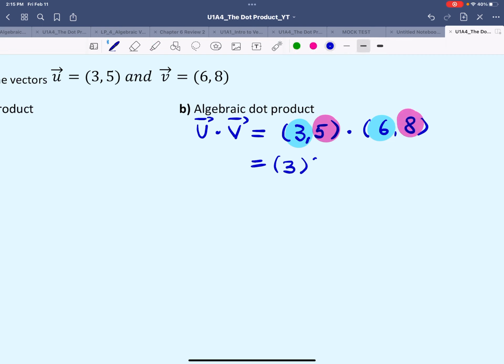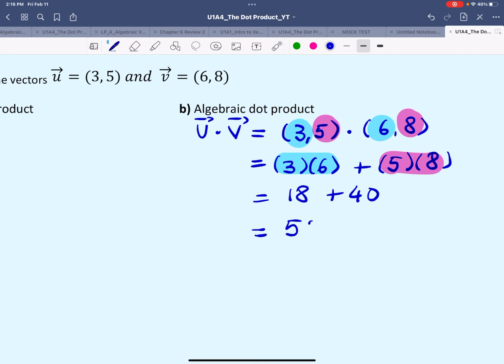So we have 3 times 6 plus 5 times 8. So 3 times 6 is 18, and 5 times 8 is 40. So we got that the dot product here is 58 units.